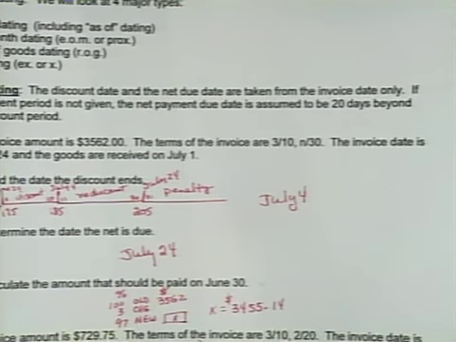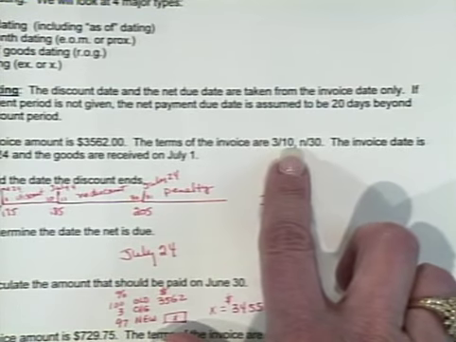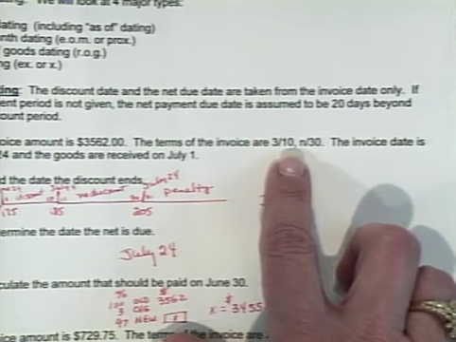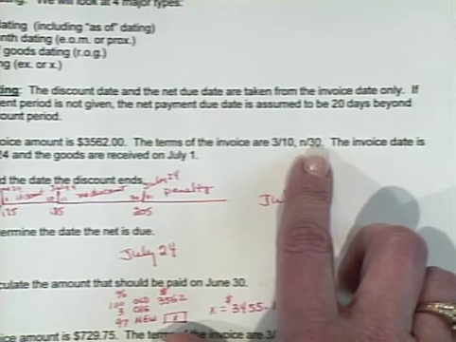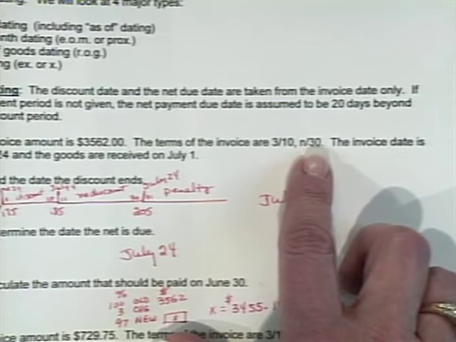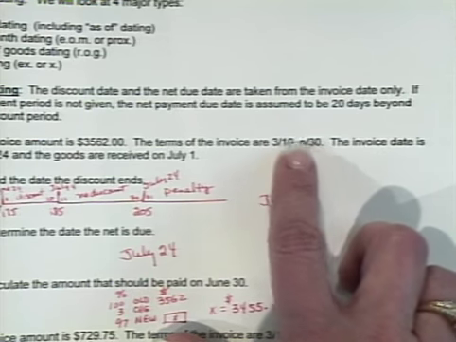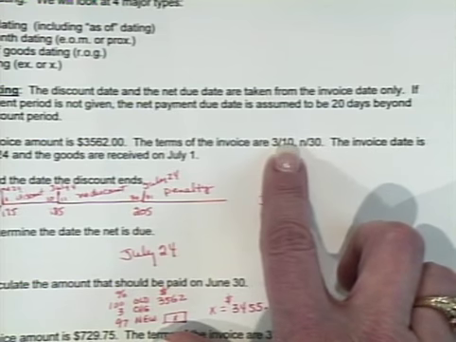It does not mean a 3% discount followed by a 10% discount. Although it looks the same, you're going to have to know whether you're dealing with trade discounts or cash discounts to understand the meaning of those, okay? And that's 10 days in ordinary dating from the invoice date. That N means the net is due 30 days, and the 30 days is from the invoice date, not from the end of the discount period.